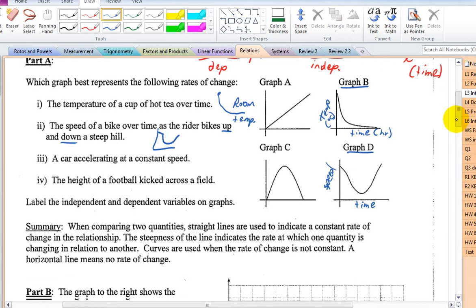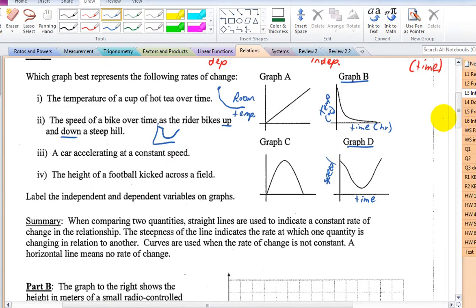Okay. Next one, a car accelerating at a constant speed. Underline the word constant. What does the word constant mean? Straight line. Okay, the slope's not changing. So this would be time, and this would be accelerating.